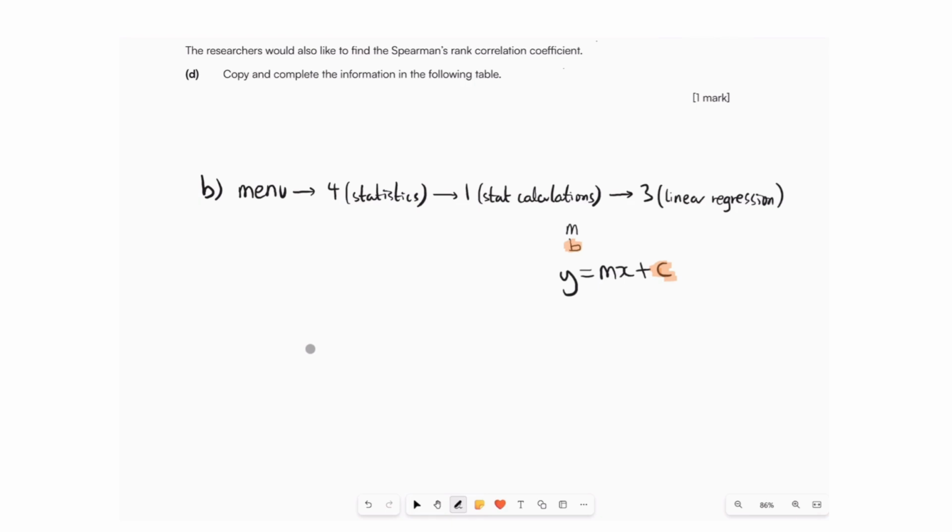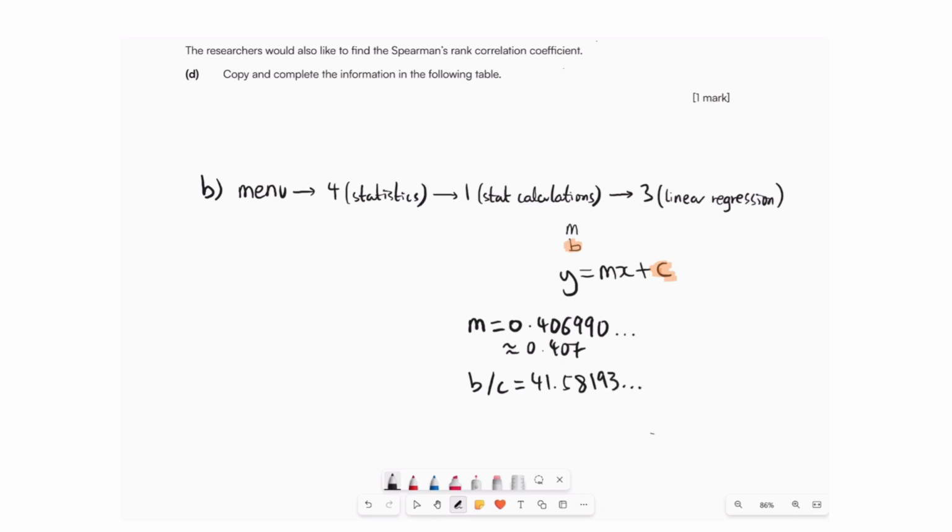So you should get that M is equal to 0.406990 ... 3 significant figures, 0.407. And then you should have gotten that B, or C in our case, is 41.58193, and you want to round that again, 41.6.